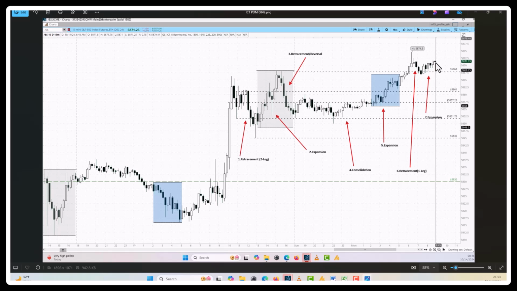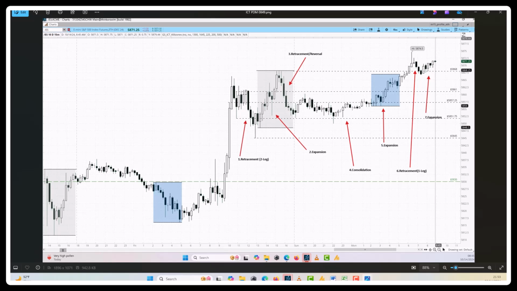So we anticipate right here it's going to be a retracement. You see it in both the New York PM session and the London. So we want to see the double buy side liquidity right here, and it's going to reverse. That's what we anticipate, a reversal right there.